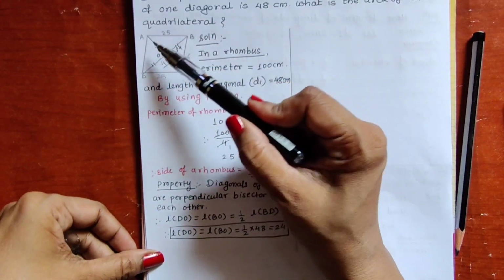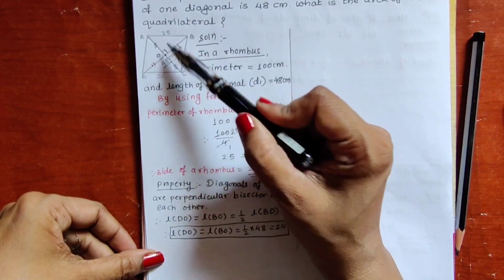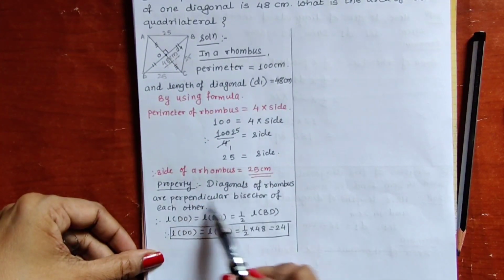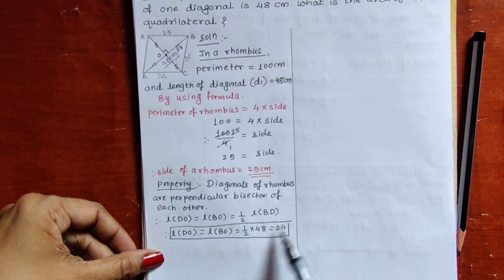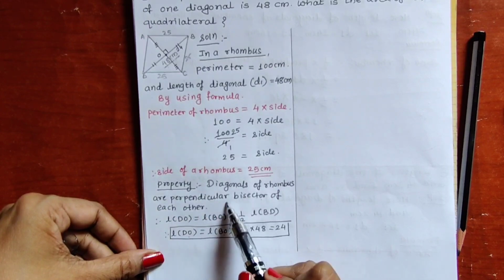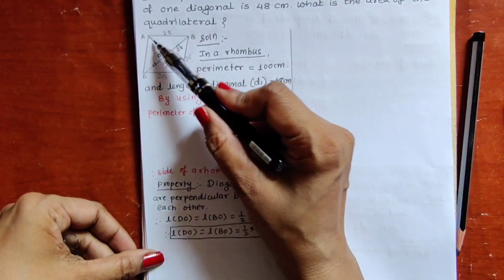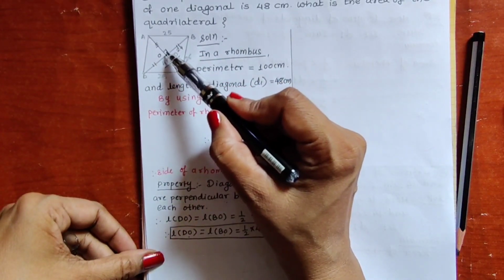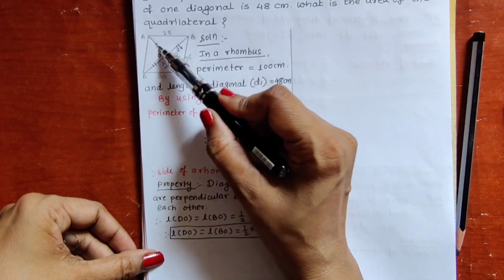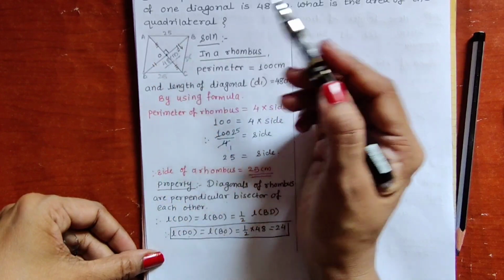Now let us observe this angle AOB. As the diagonals are perpendicular bisectors, the bisector property we have used here for finding out the length of DO and BO. Now the perpendicular property we will be using. Here a 90-degree angle is formed, that is the property of perpendicular. So as a 90-degree angle is formed, this triangle AOB will be a right angle triangle.